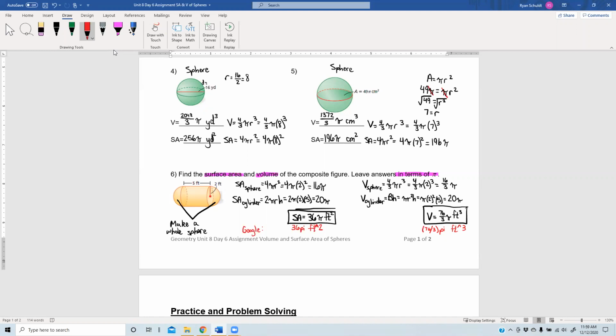So this goes for all of them on this assignment, even the ones we did, 1 through 5. That's how I want you to enter them. 36 pi feet to the second power, and 76 over 3 in parentheses, pi feet to the third power.